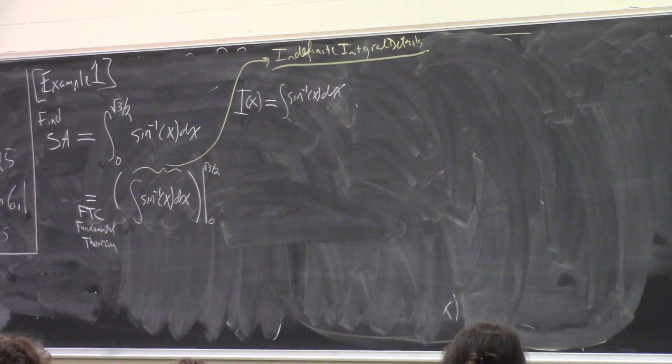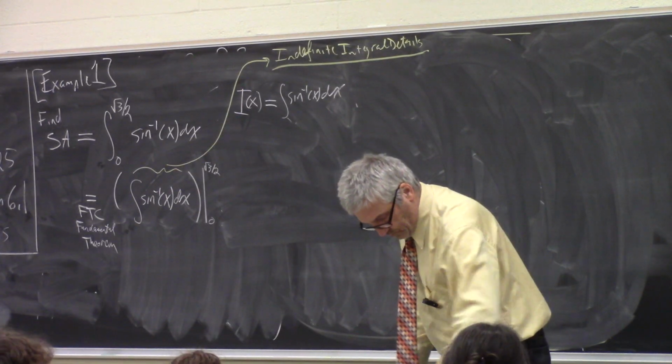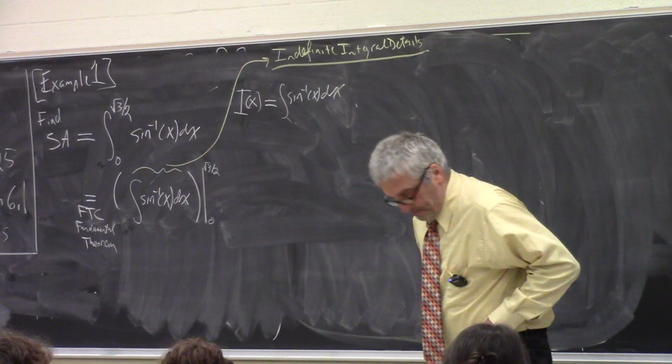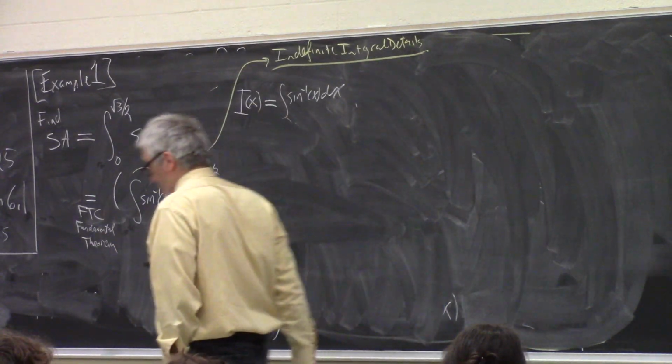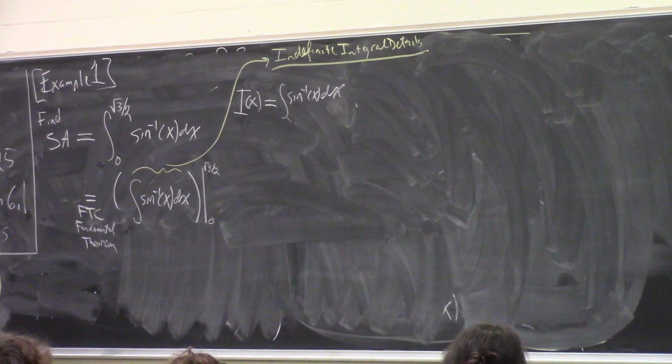Did we have any examples on Monday? Let's see, what were our examples like on Monday? Right, so we don't have an antiderivative formula for sine inverse of x. If we did, then this wouldn't be in the integration by parts section.